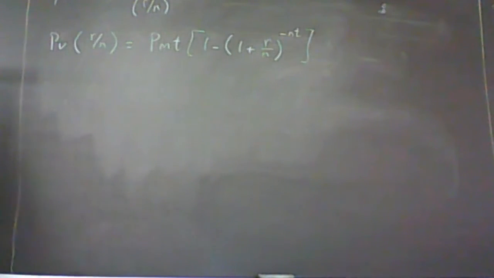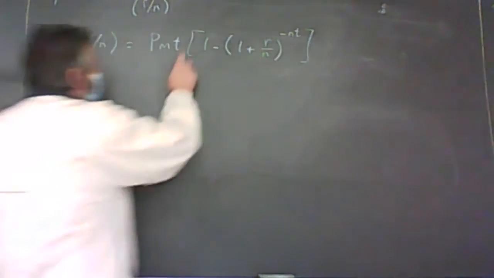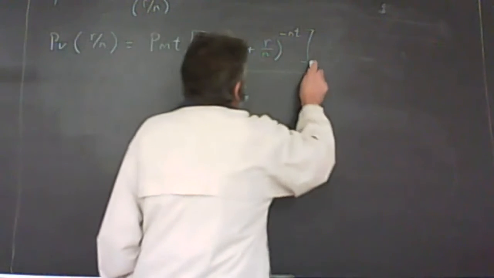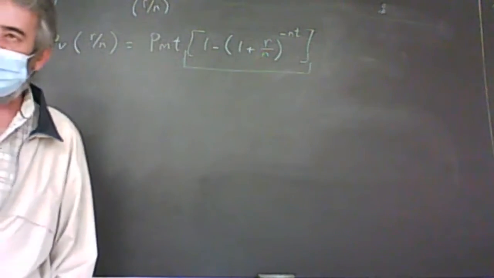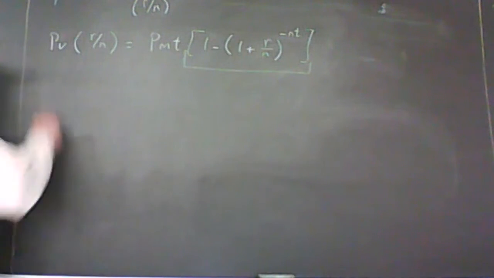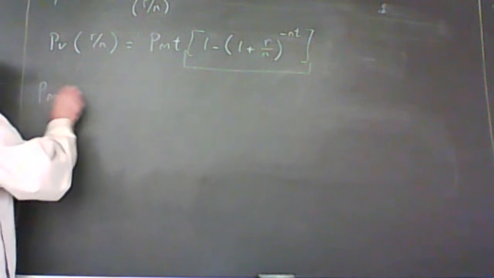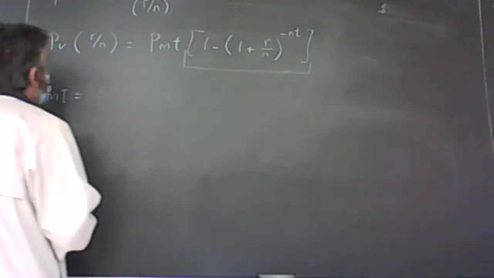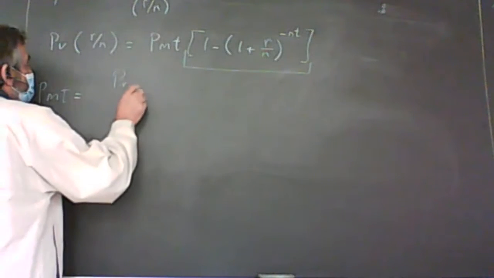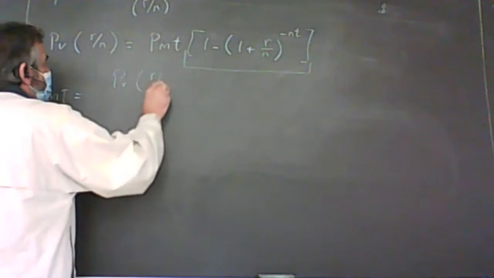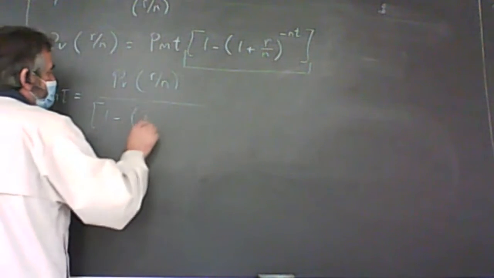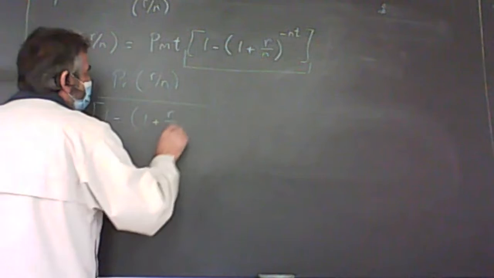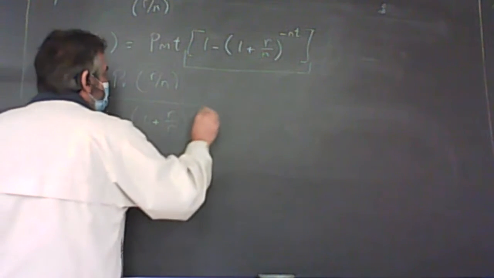And to isolate the payment by itself, we divide by all this portion. So this way, we have the payment isolated. So then the payment will equal PV times R over N divided by 1 minus 1 plus R over N to the minus NT.